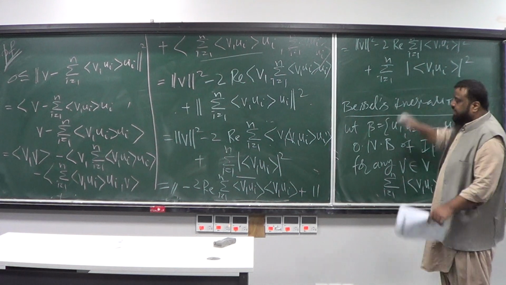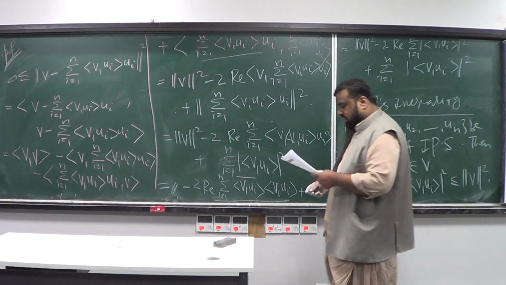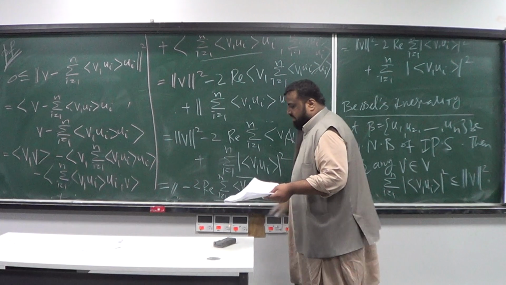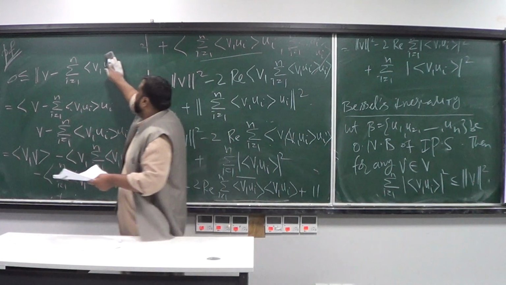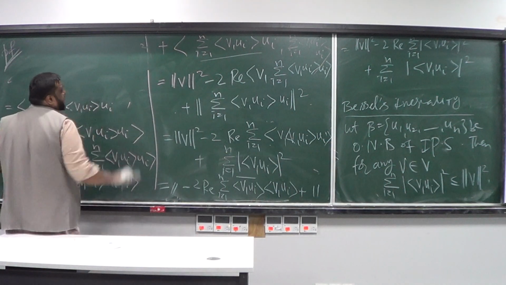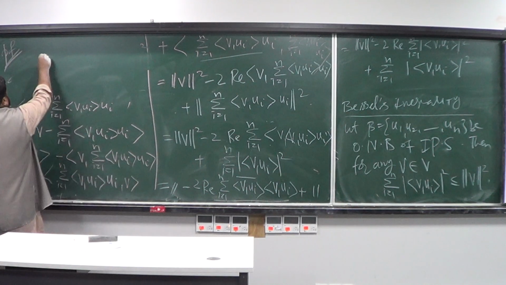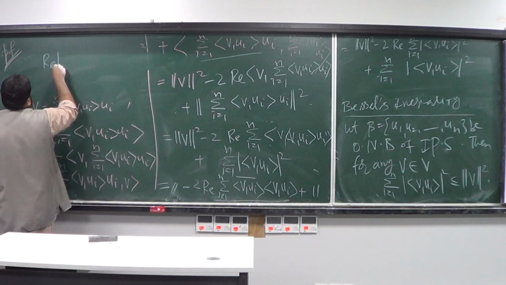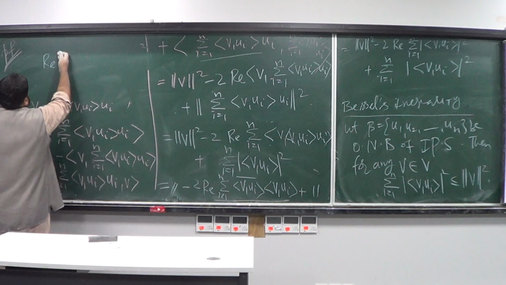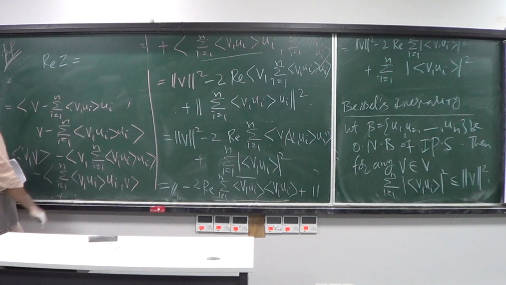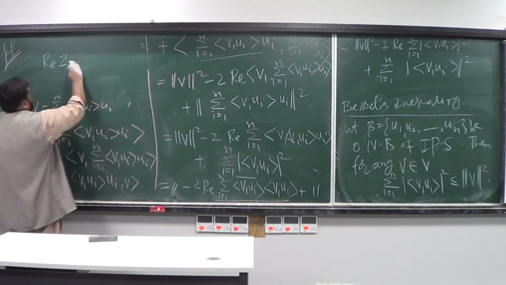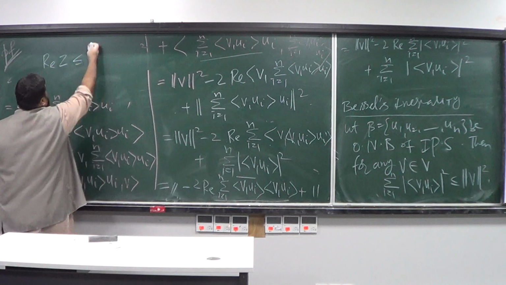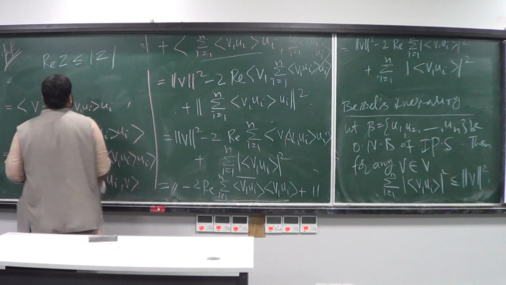Now, here is an interesting thing that you can do. This is really one of the basic identities: if you take the real part of any complex number z, then this can be estimated by the magnitude of z.